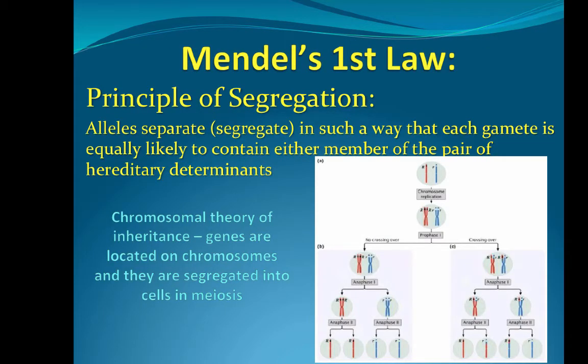So Mendel's first law is really what we're going to talk about in chapter 3, and it's the principle of segregation. And this law is really looking at how alleles separate or segregate in a way where each gamete is equally likely to contain either member of the pair of heredity determinants.